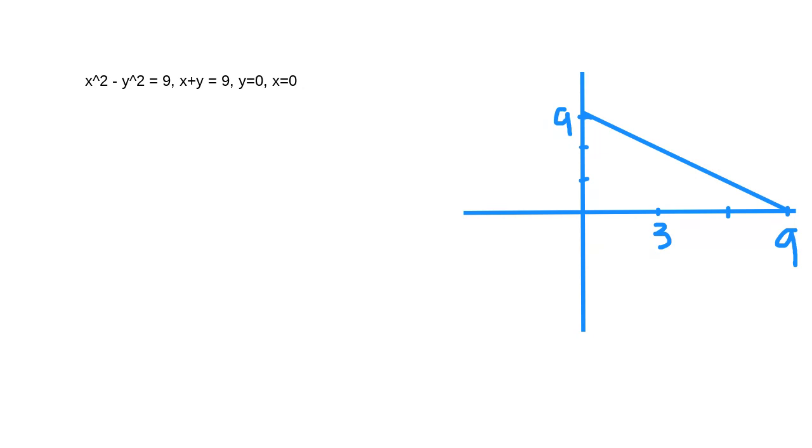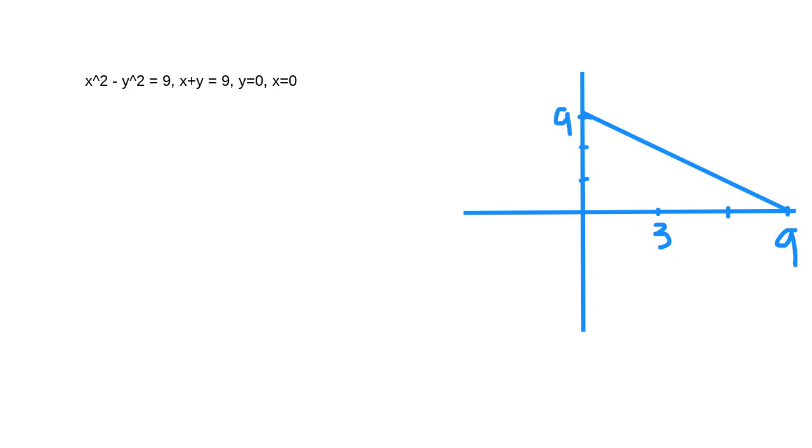Then if x equals 0, oh, x won't be 0, right? Because if x is 0, y squared equals -9. So it never touches the y-axis.